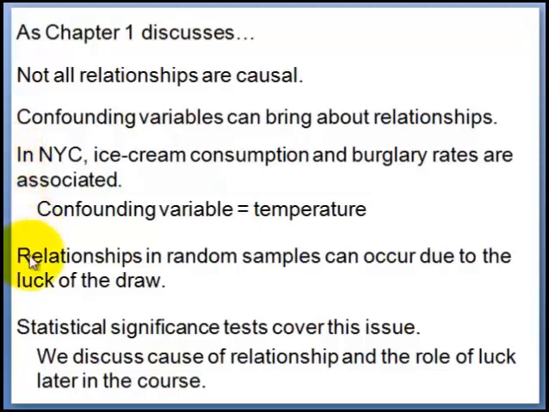Now, Chapter 1 also talked about relationships occurring in random samples simply due to the luck of the draw. The example from Chapter 1 said, suppose there's no relationship between gender and vegetarianism in a university population, but now suppose we select random samples of women and men from that university, and then indeed we find that differing percentages of women and men are vegetarian in our samples.